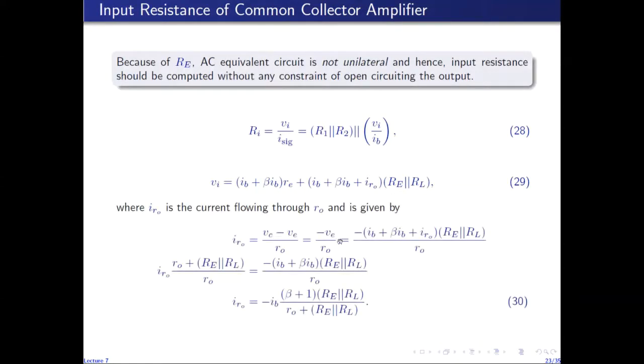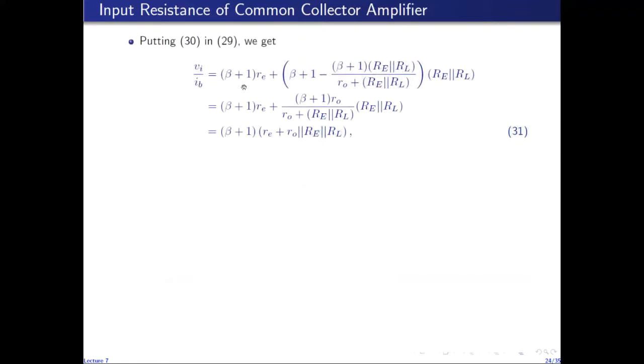So putting this expression in here, we get this form for IR0. So taking the terms connected to IR0 on the right hand side to the left hand side and solving, we get this expression for IR0, which when put in the earlier equation gives us this ratio VI over IB as this expression.